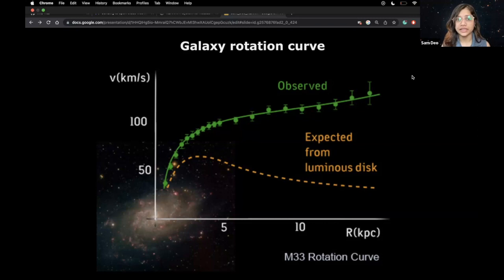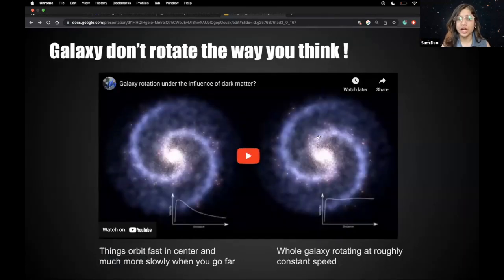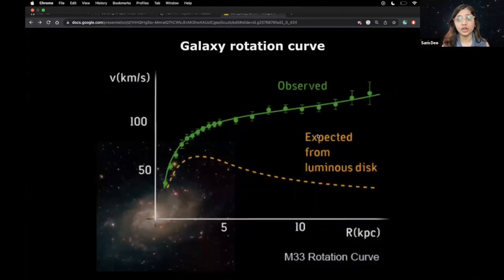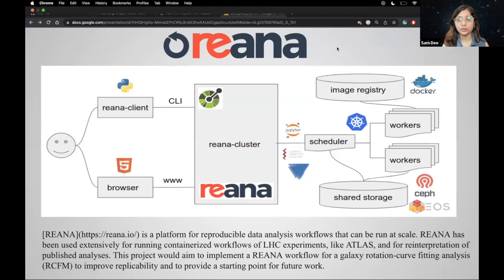Analyzing it can answer a lot of questions, because we think there is some kind of matter we cannot see, which light cannot pass through and which has no effect on electromagnetic waves. That is called dark matter. The analysis of the galaxy rotation curve can be really helpful in answering this question, and we will be implementing a REANA workflow for the experiment.